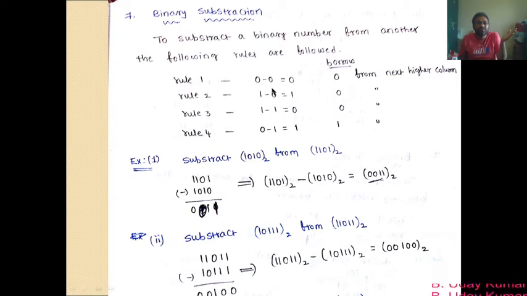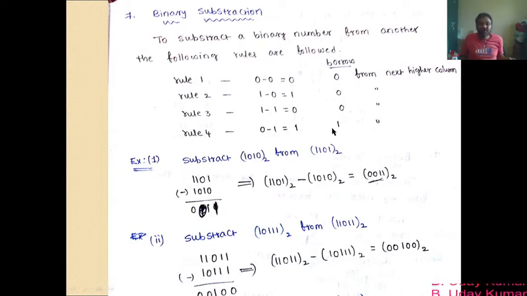Similarly, when you subtract 0 from 1, there is no problem, you get 1, and you need not take any value from the higher order column. And when you subtract 1 from 1, you get 0, and even then you need not take any value from the higher order column. But when you subtract 1 from 0, you need to borrow 1 from the next higher order column, and that borrow is 1 here.